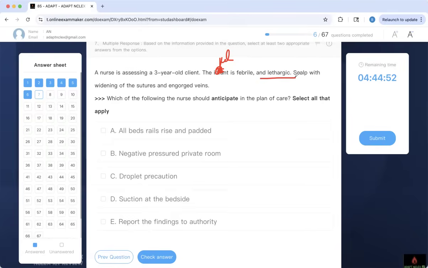What is going on? The scalp has widening of the sutures and engorgement. Which of the following should the nurse anticipate in the plan of care? Select all that apply.